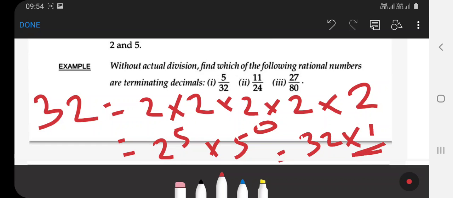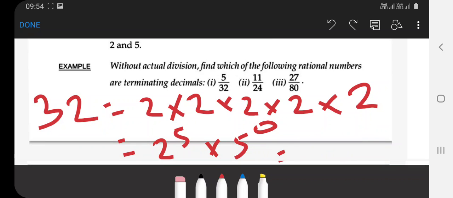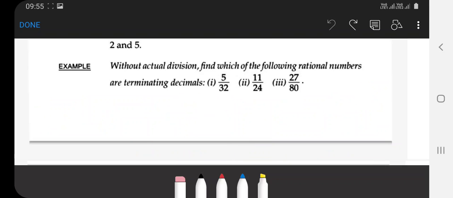Clear, students? So we can express 32 as prime factors of 2 and 5. So it is a terminating decimal.